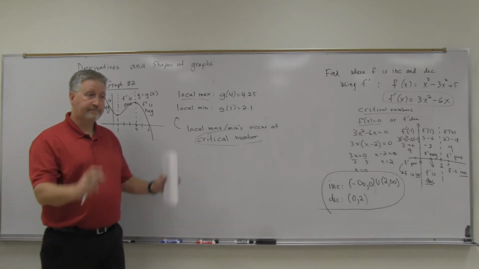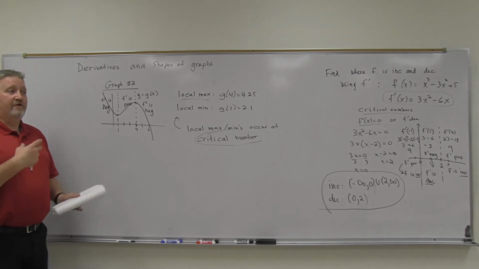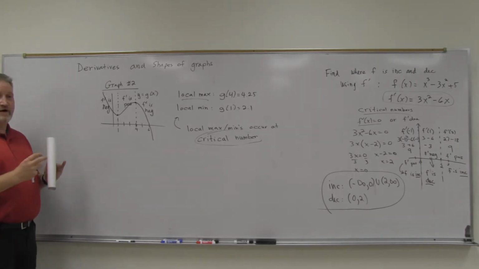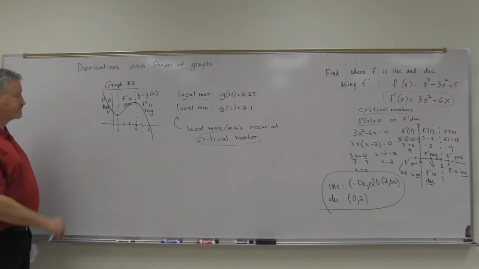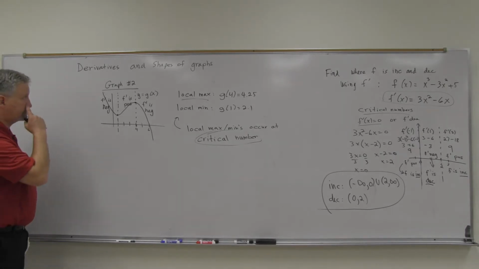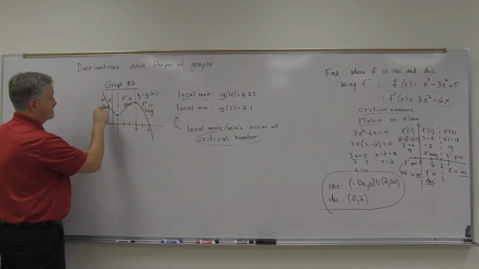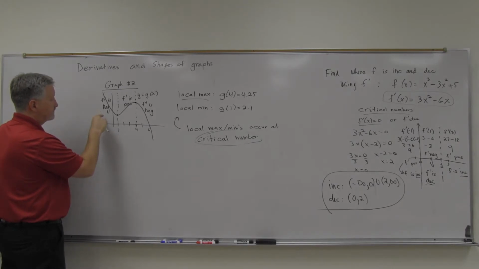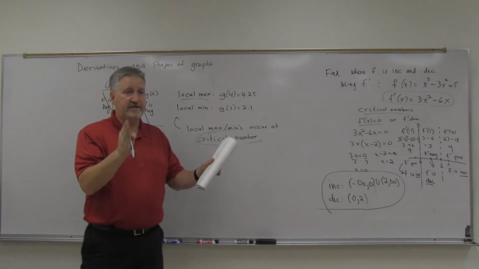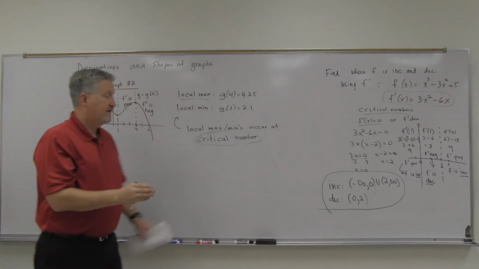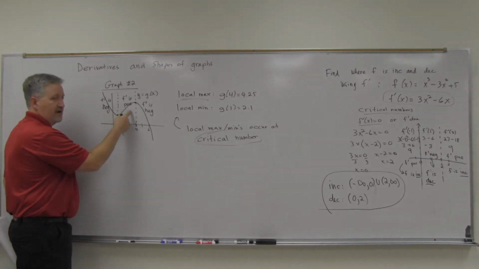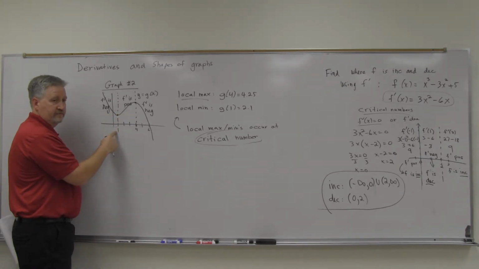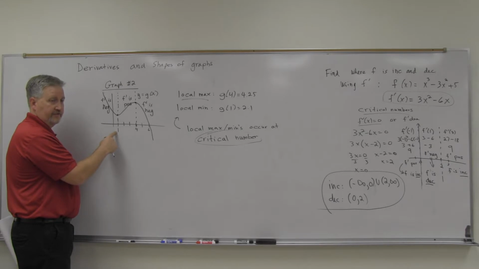Now, to further this discussion on the local maxes and mins, if we don't have the graph, basically what happens at a local max and min is the derivative changes signs. If it changes signs from negative to positive, you've got a local min at your critical number.